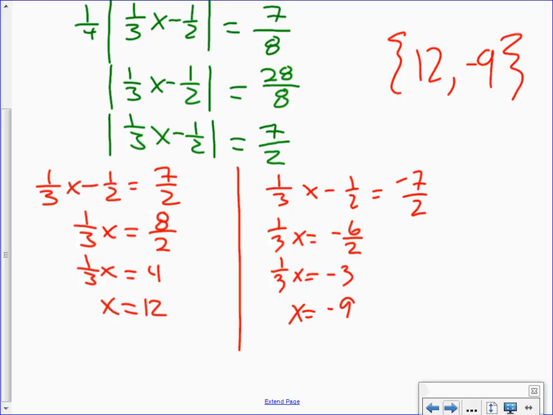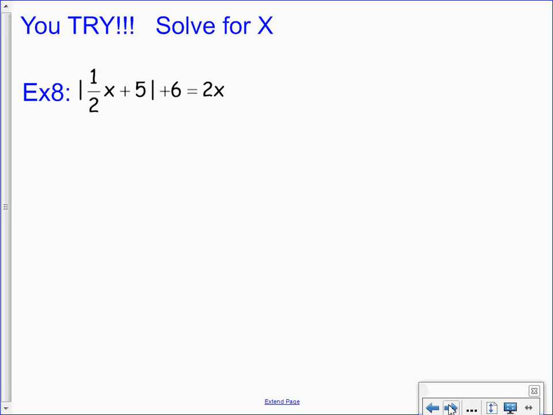Last one. You good? Okay, so on this one, what's the difference between both equations? You see it?